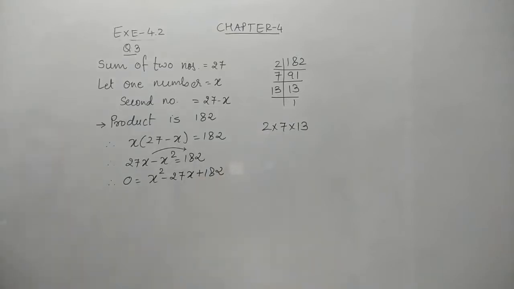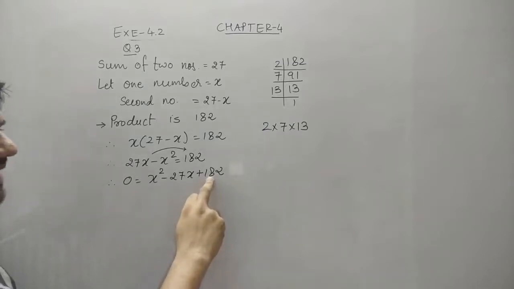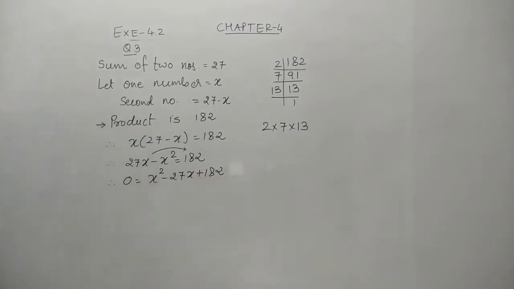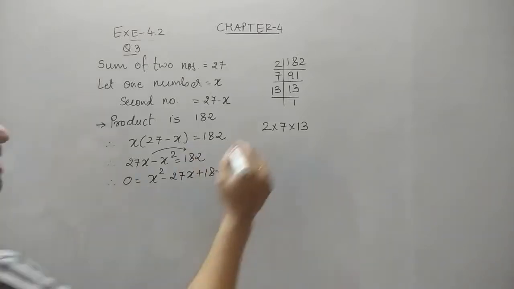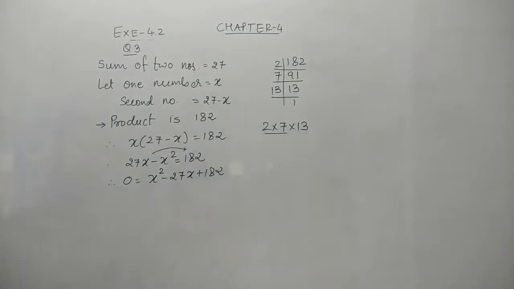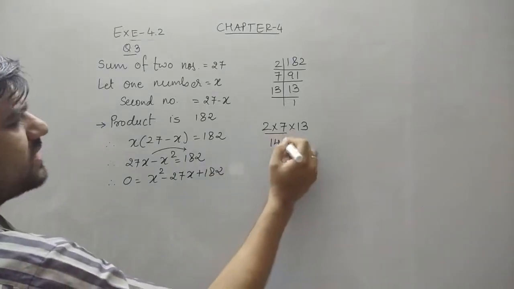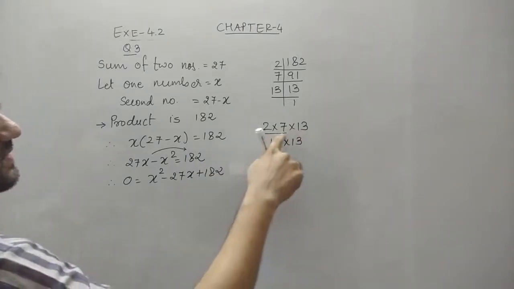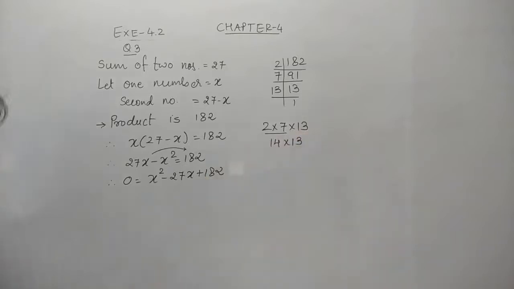We have to obtain two numbers such that the product is 182 and the addition must be 27. We will find factors whose product is this and whose addition is 27. If I take these two terms, their product becomes 14, and 13 remains as it is.